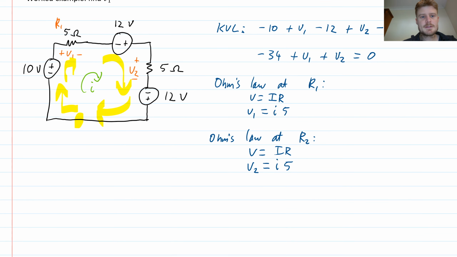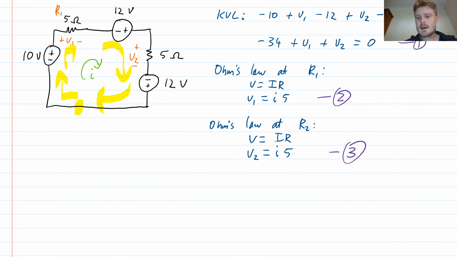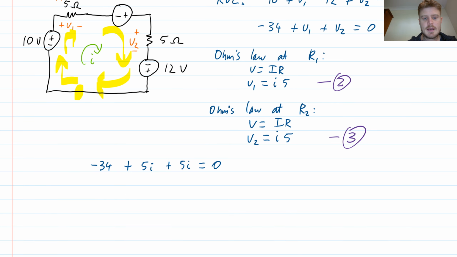So now I can substitute these equations. I have equation number 1, equation number 2, and equation number 3. I can substitute 2 and 3 into equation number 1, and I will get negative 34 plus, so V1 is equal to 5 times I, and V2 is also equal to 5 times I. That gives me an equation which has just one unknown, so I can solve this more simply.